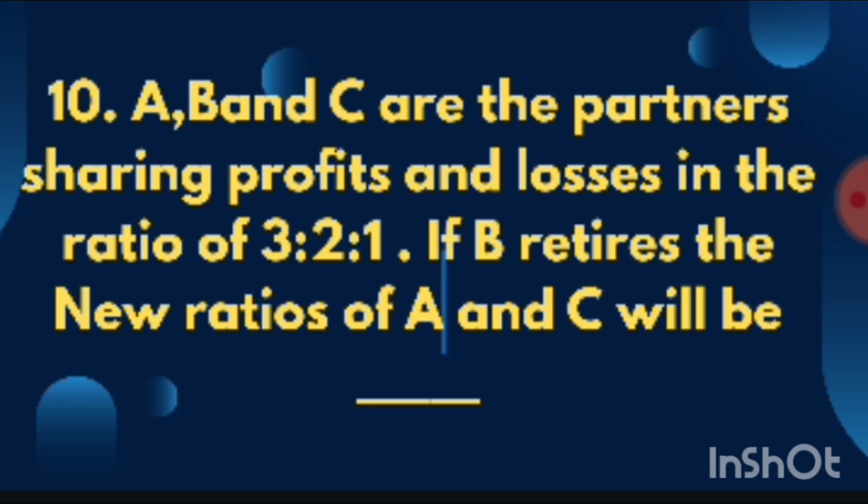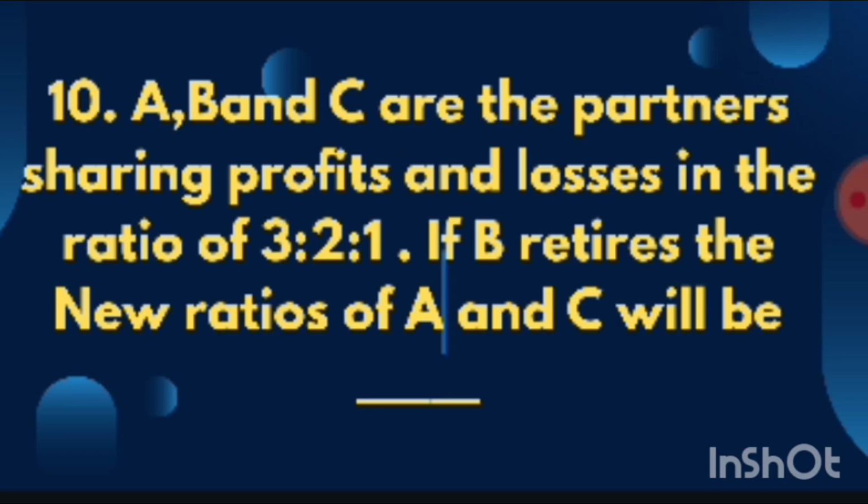A, B and C are the partners sharing profits and losses in the ratio of 3:2:1. If B retires, then new ratio of A and C will be 3:1.